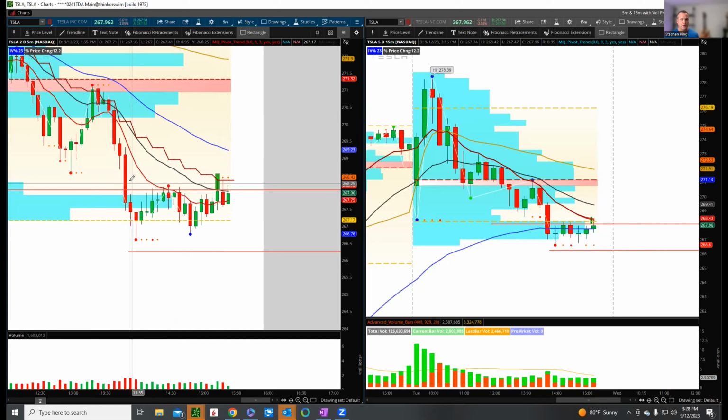So all they're going to do is run all those entries, trigger everyone in, come back down and hit people's stops. I mean, it's the way that the game is run now because of the computers and the algorithms and the high frequency trading. So if I wait for this to close and then I throw in my limit buy down here, I look for it to come back, trigger, and go.